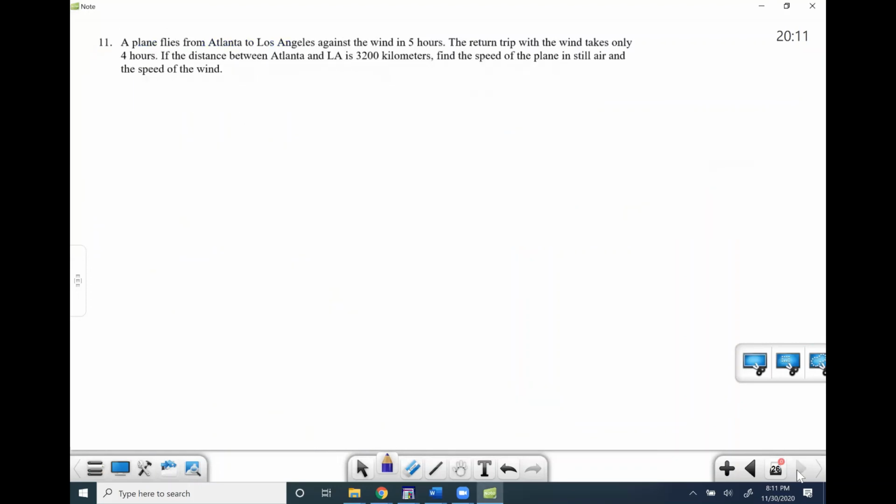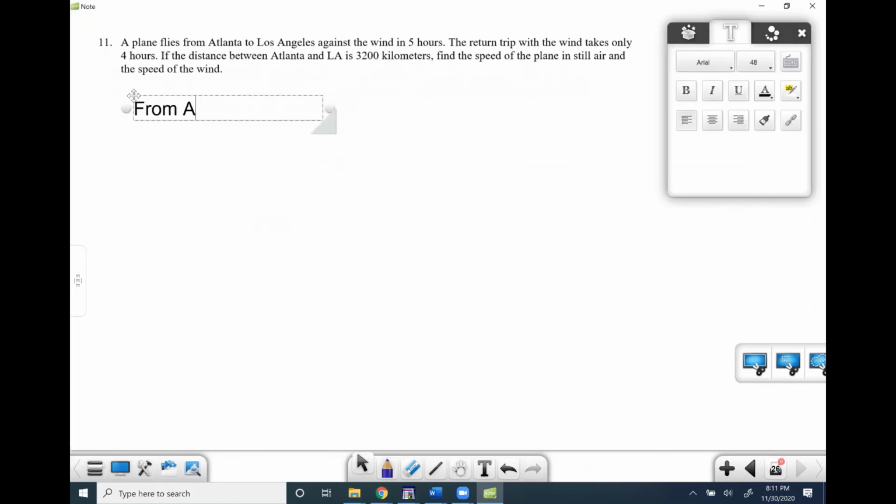Okay, last word problem. A plane flies from Atlanta to Los Angeles against the wind. Okay, so from ATL to LAX against the wind. All right.